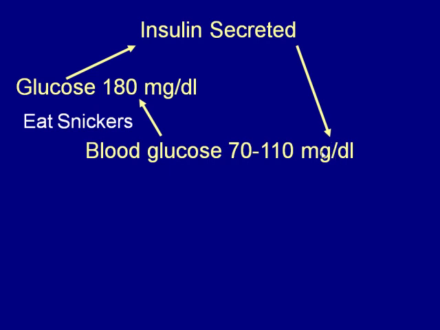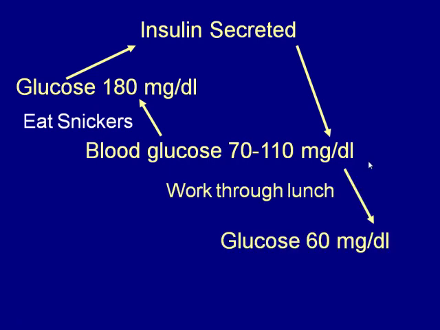Now, let's say you skip lunch. It's like 2 o'clock, and your blood glucose, as a result, has dropped a little below normal. It's down about 60 milligrams per deciliter. This tells the control center that it needs to put some glucose back into your blood, so it tells the pancreas to secrete a different hormone, a hormone called glucagon.